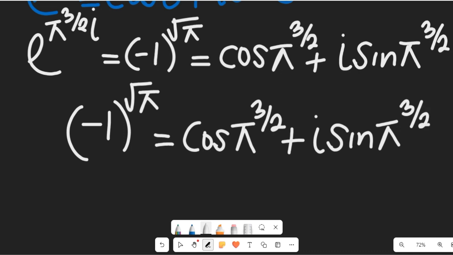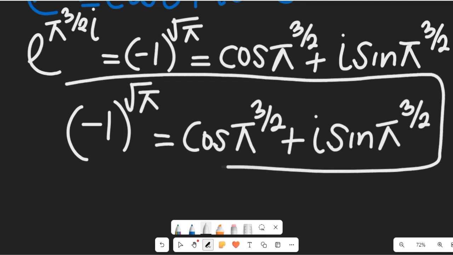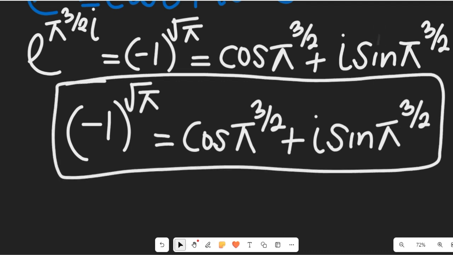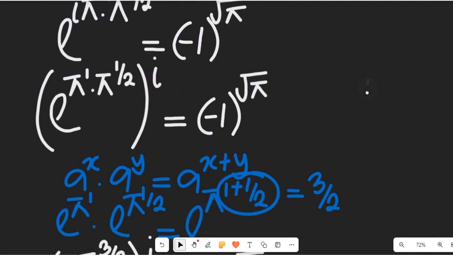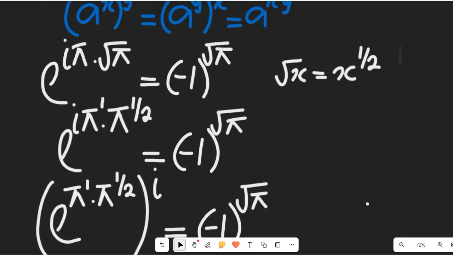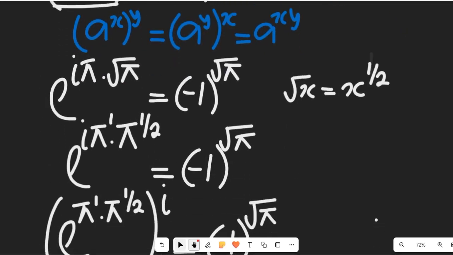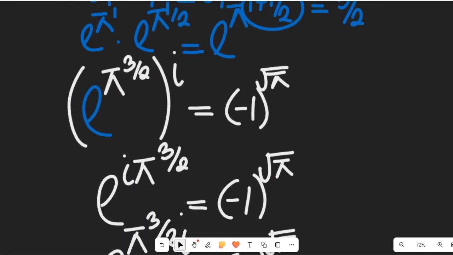And that becomes the solution to that expression given to us up there. So you see, very, very easy. With this, we can find the value of negative 1 to the power of the square root of pi using the Euler identity.